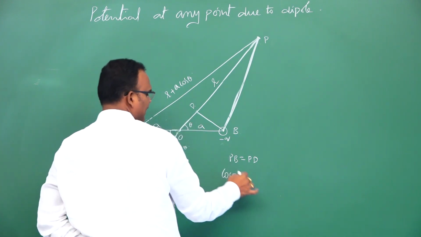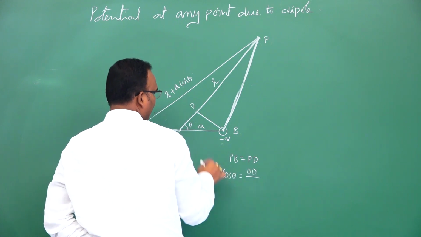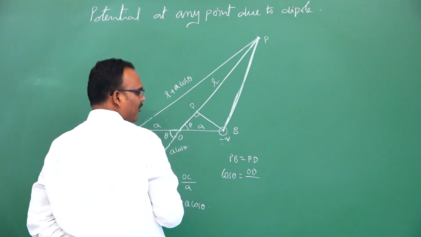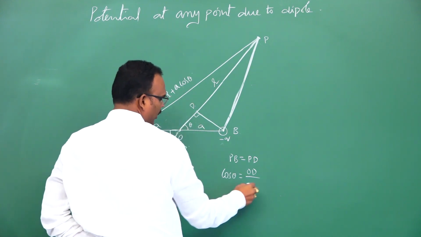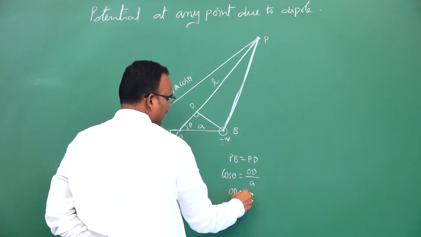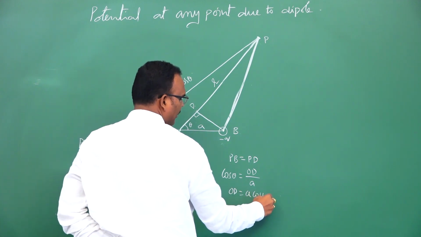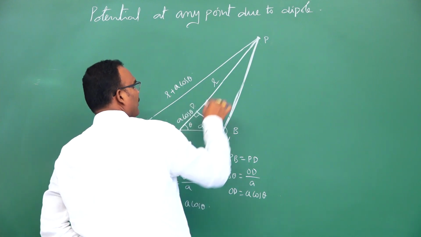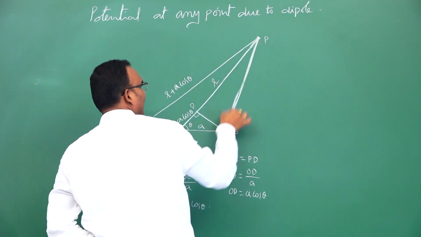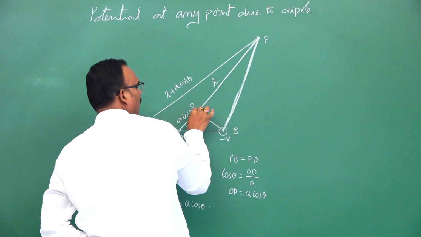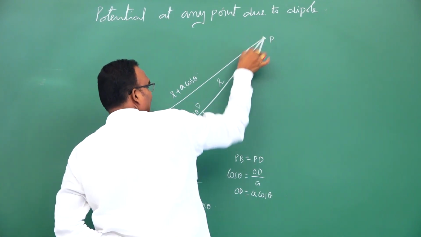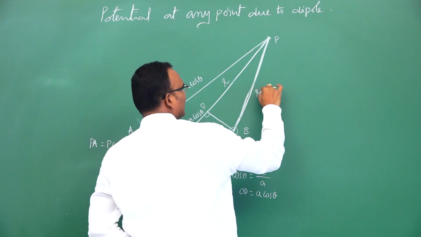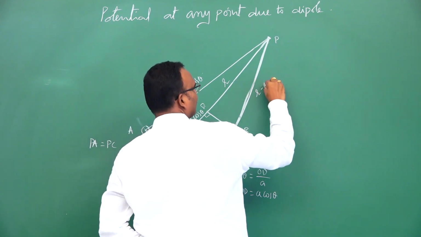Cos theta is the adjacent side, OD, divided by the hypotenuse, which is a, since this is 90 degrees. That means OD is equal to a cos theta. This distance and this distance are equal. This distance I get by subtracting a cos theta from r, so this is r minus a cos theta.